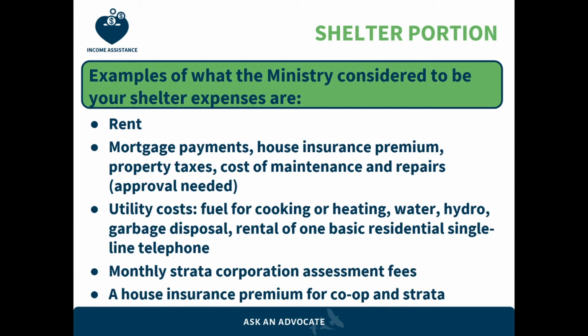Items that may be included in the shelter portion are rent, mortgage payments, a house insurance premium, property taxes, and, with the ministry's prior approval, the actual cost of maintenance and repairs.